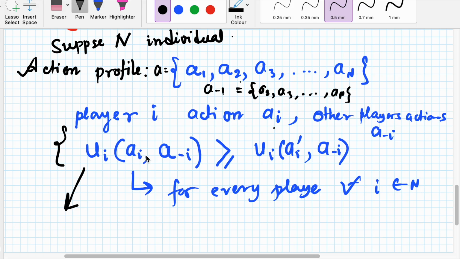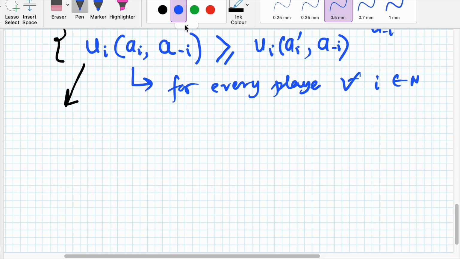So this is equilibrium, because no one wants to unilaterally change her action, given that every other individual also sticks to their action. This action profile, if it exists, is called the Nash equilibrium.